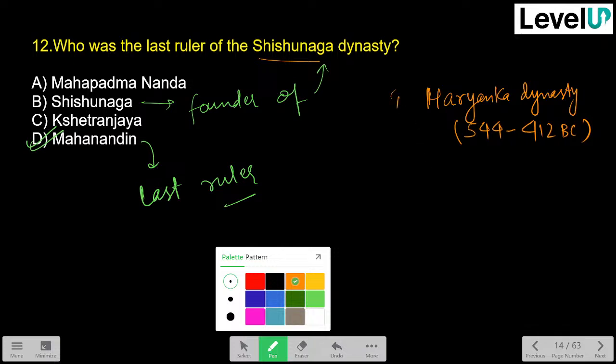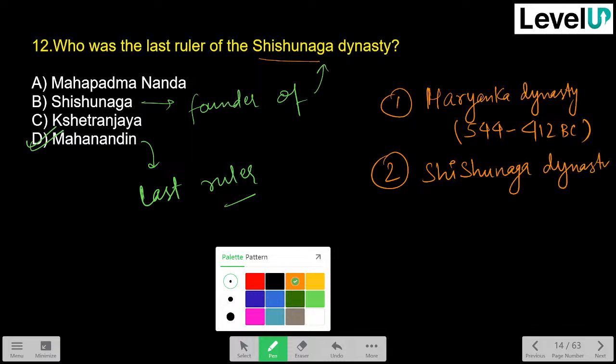Thereafter came the Shishunag dynasty, from 412 to 344 BC. So the Shishunag dynasty was the successor of the Haryanka dynasty.